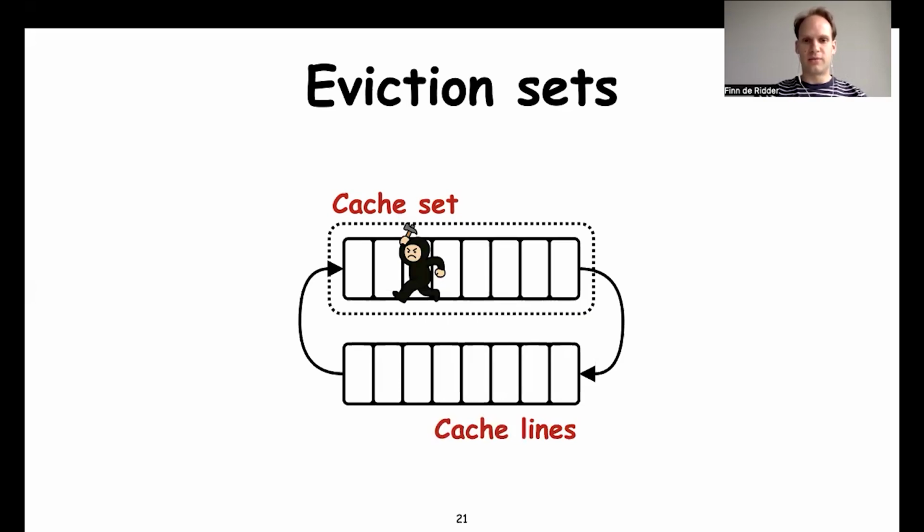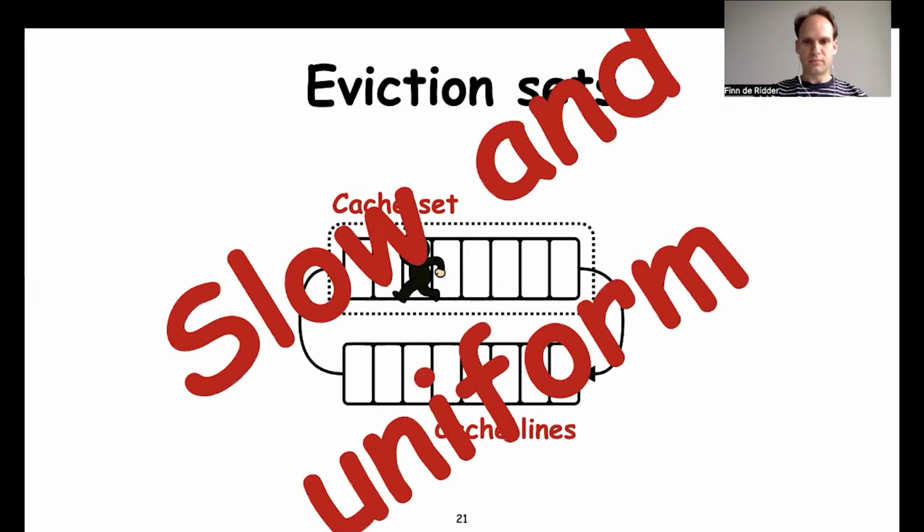And this means that the addresses are evicted from the set, and therefore when you access them, the access goes to DRAM. This, however, creates a very slow pattern. If you would hammer like this, it's very slow because all accesses go to DRAM, and it's also still a uniform pattern, right? Because we just have one aggressor, and it's just this aggressor going to DRAM.